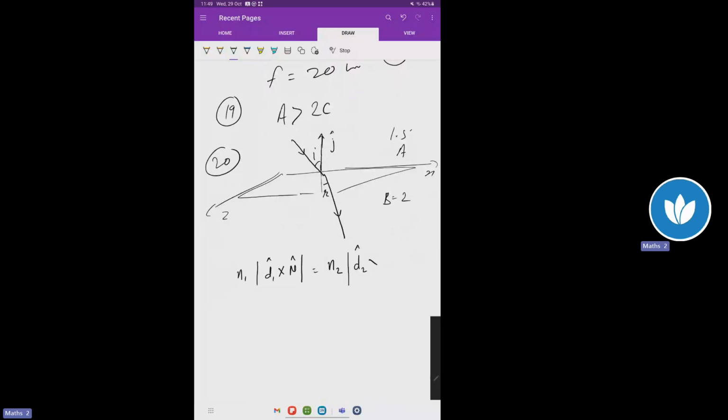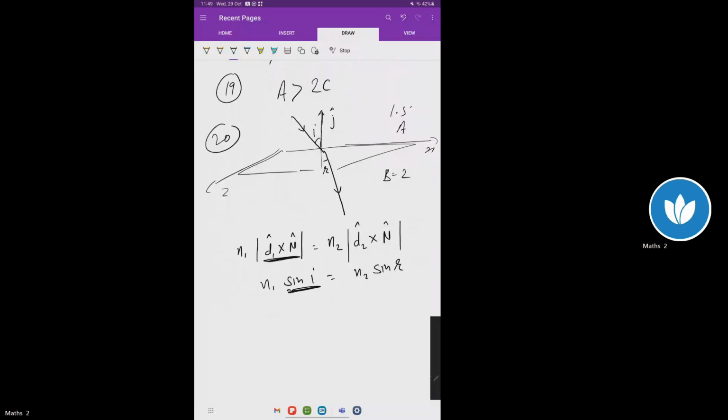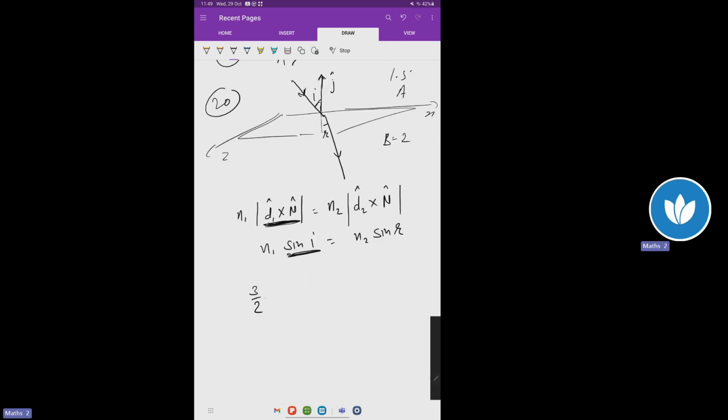Snell's law is actually n1 sine I equals n2 sine R, and sine theta we will get from the cross product of two vectors. So we know incident direction and normal direction. We can find this I and R. N1 is 3 by 2.